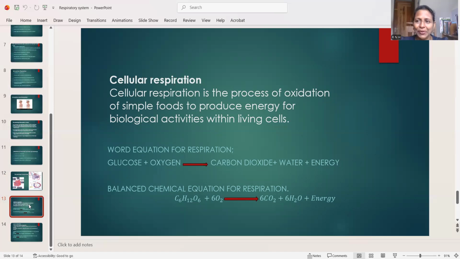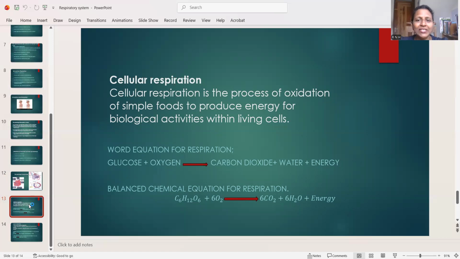So here you know respiration is the process of producing energy. So energy is produced at the end like that. That is, glucose reacts with oxygen gas and produces energy.